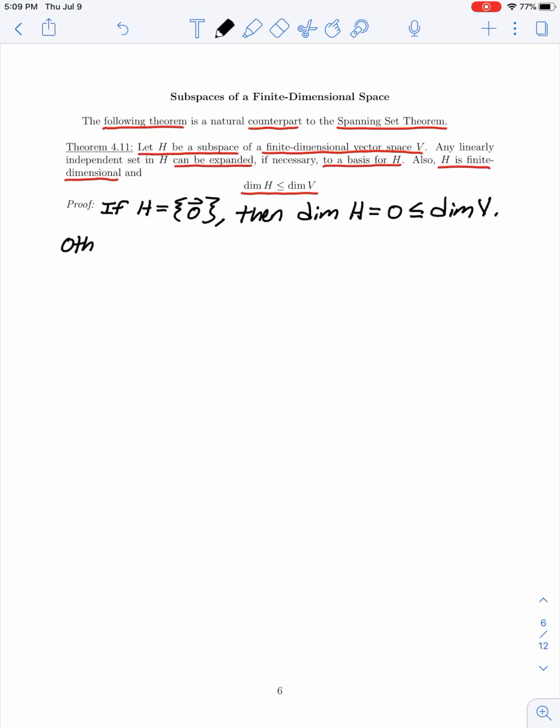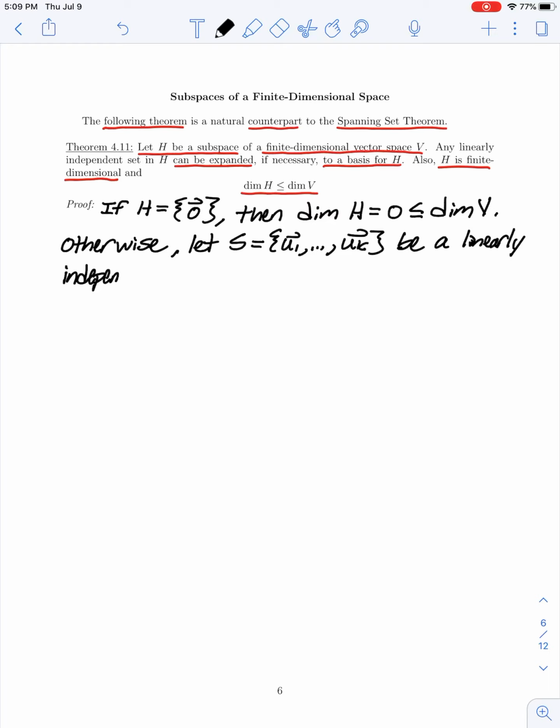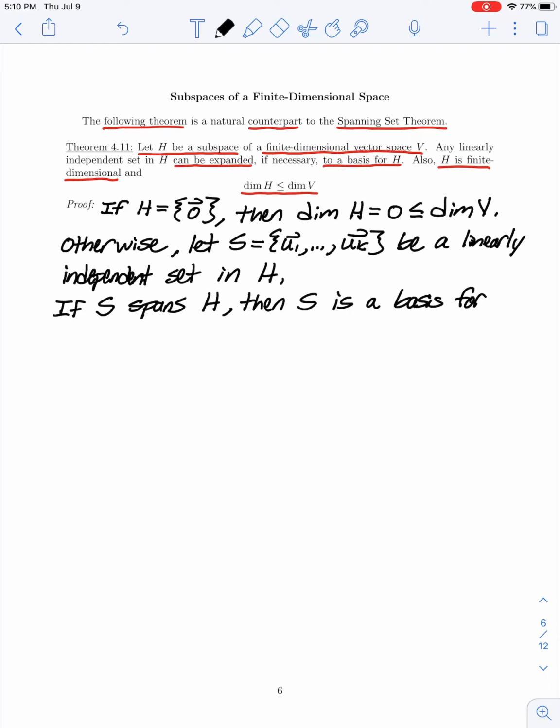Otherwise, if we're considering a non-zero subspace, let's consider a set S of vectors u1 through uk, which will be a linearly independent set in the subspace H. If this set S spans the subspace H, then S is a basis for H by definition.